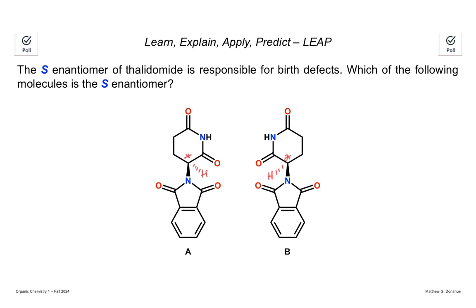You're looking at that carbon, that's your anchor point. Don't let your eyeball go out to there or to there. So first, what do you think? A or B? So we think B. Let's test it out.